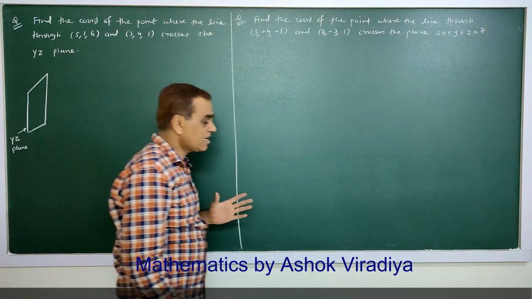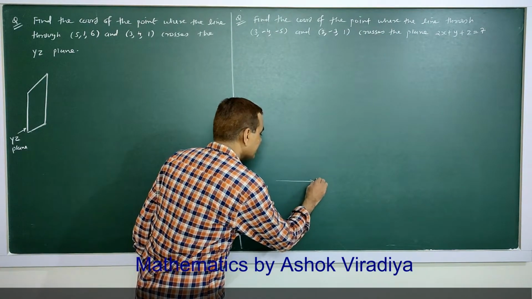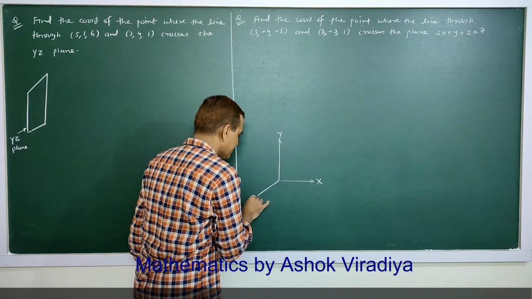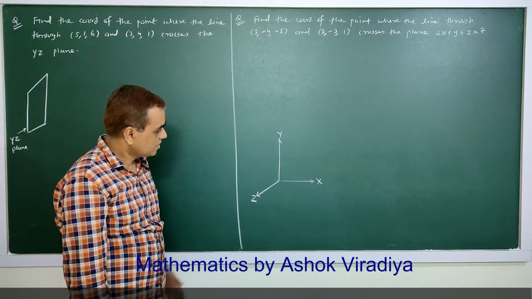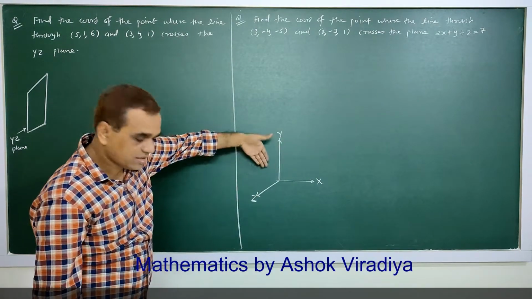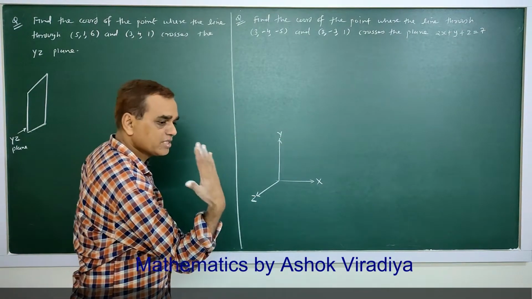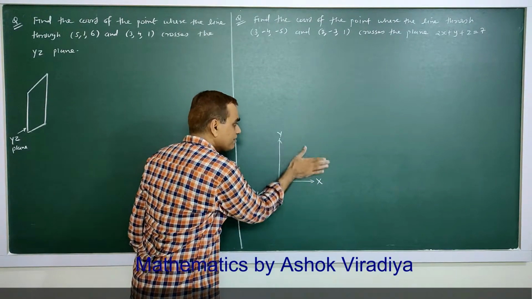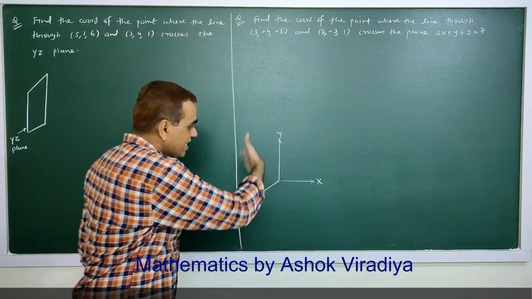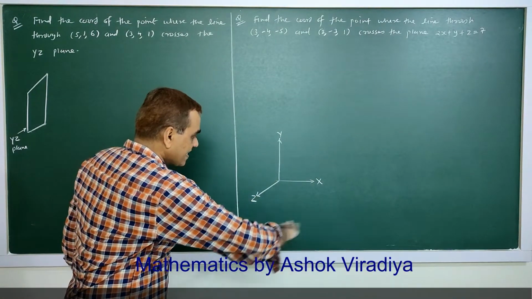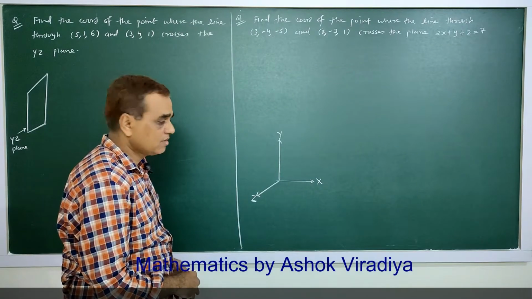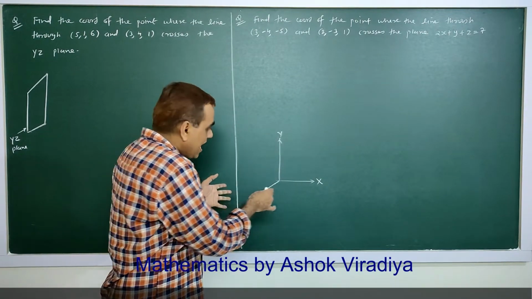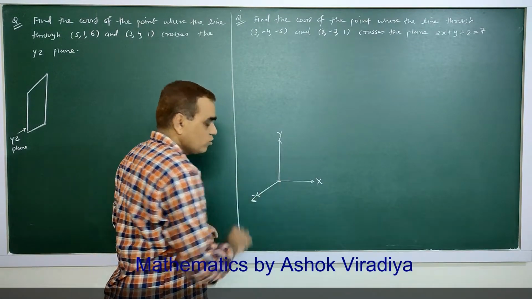Say we are doing everything in coordinate axes in 3 dimensions, x, y, z. So this is the YZ plane. In 3 dimensions you can imagine it like this. The surface of the blackboard is the XY plane, the wall is the YZ plane, and the flooring is the XZ plane. So on the YZ plane every point will have x coordinate 0.